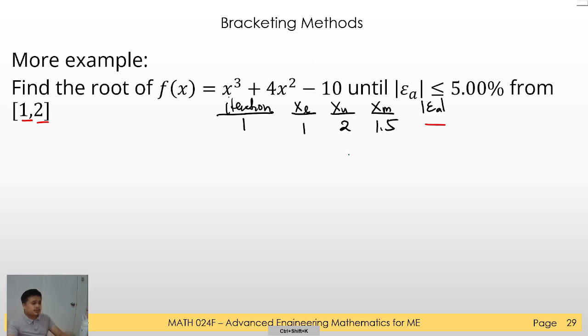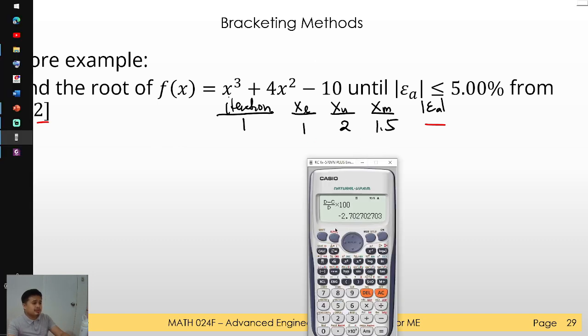Okay, so let's substitute the values here. So guys, to make things quicker, just write the function in your calculator and then substitute the values respectively. We first have to determine the signs of f of xl, f of xu, and f of xm. So let's find the sign of f of xl.